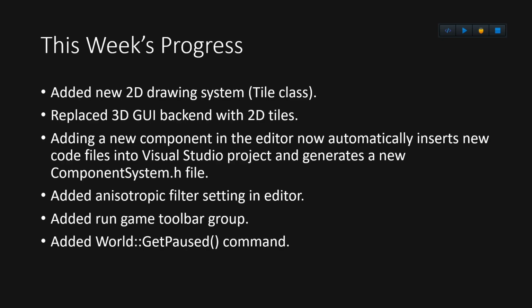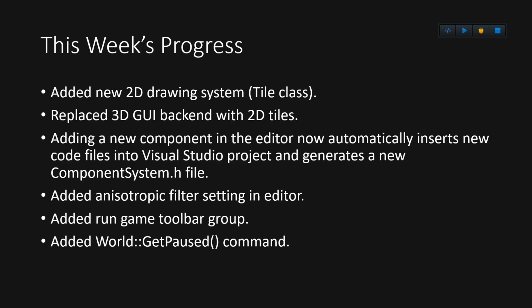I also added some functionality in the editor. So when you add a new C++ component, the editor will automatically insert the code files into your Visual Studio project, and it generates a new component systems .h file. Now this is really awesome because previously when you added a new component with C++, it wasn't exactly straightforward.